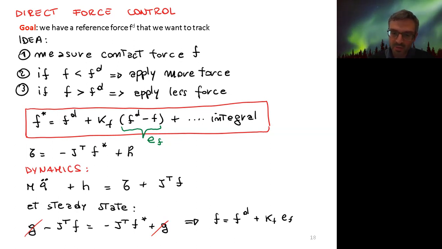This is a way to limit the interaction force using a compliant passive element at the end effector.